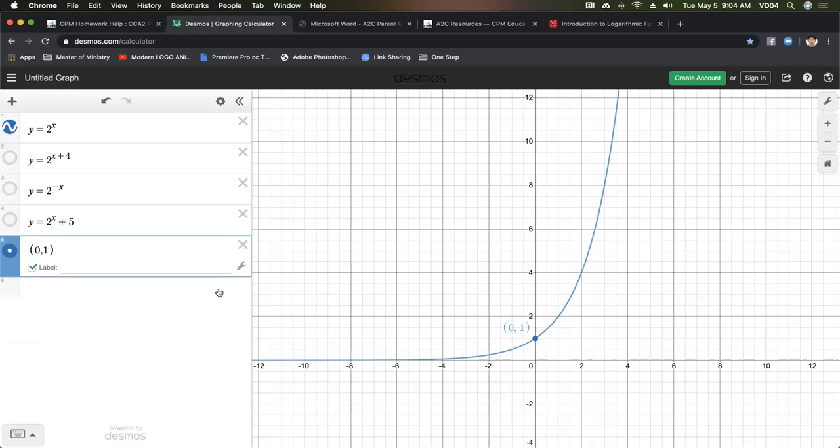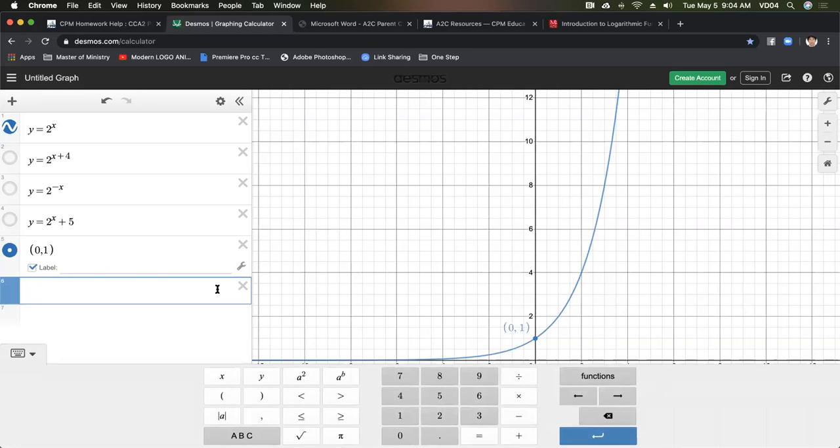Another ordered pair that we can find is when we substitute x equal to 1, because that's easy to compute. Looking at the equation in number 1, when we take x equal to 1, what would be our y?